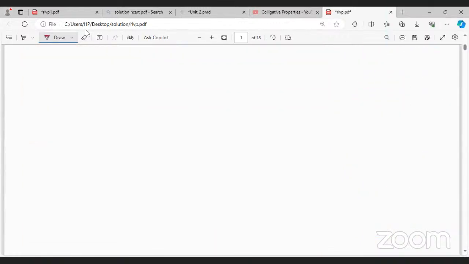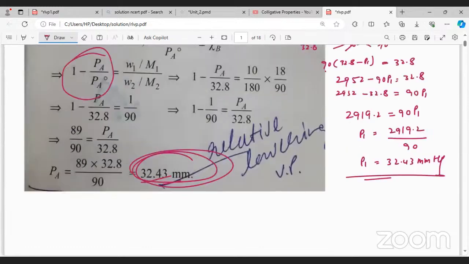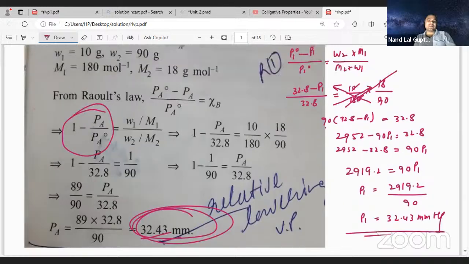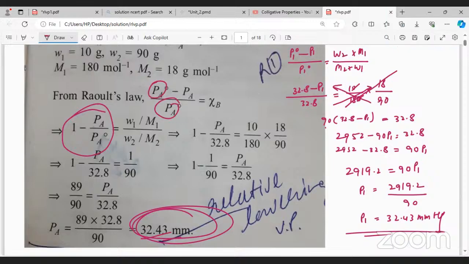If we check the solutions properly, we will see that this is same only. Because if you take LCM, it will come this side and this side, just M1 and M2, you take in the opposite sides, and it will be all right. By taking LCM, this becomes 1 and P1 naught minus P1. So just instead of using product, they're writing in the division form.